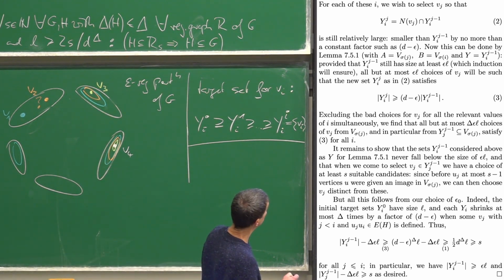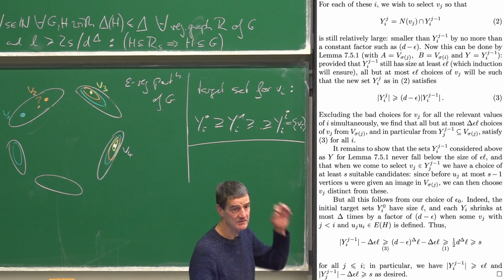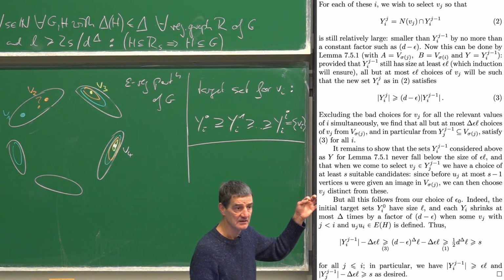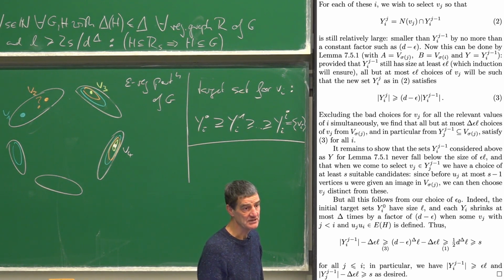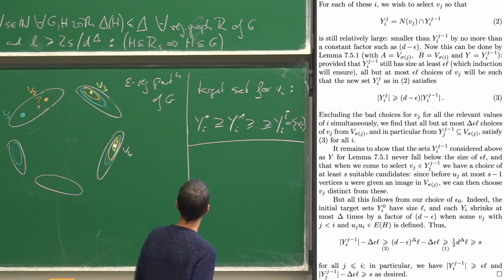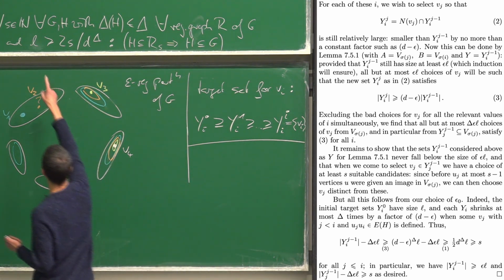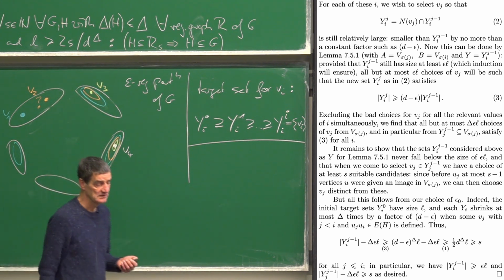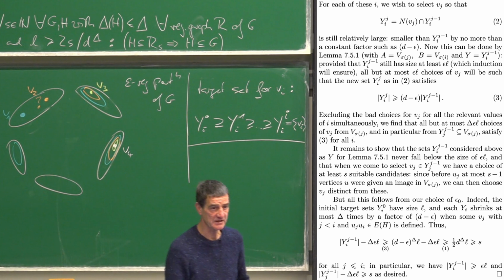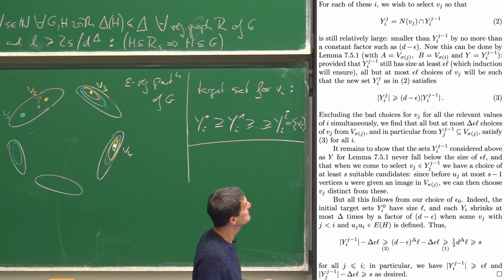So we need that the size of the target set of Vj, after deleting little l useless vertices, still exceeds the number of vertices previously embedded in that class, which is fewer than S. And then the Blowup Lemma works if L is big enough in terms of this S and d and delta. And we can simply ensure that it's big enough by making M big.